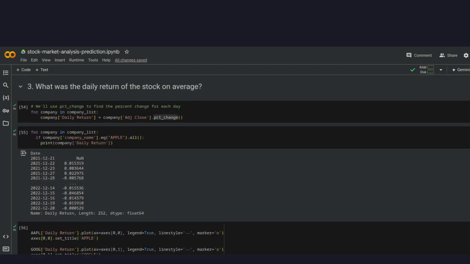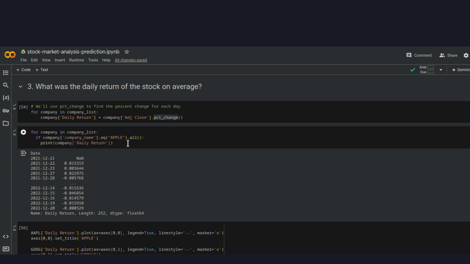And what was the daily return of a stock on average? I will use this method, pct_change, to get not the absolute value, but the small changes of every row.